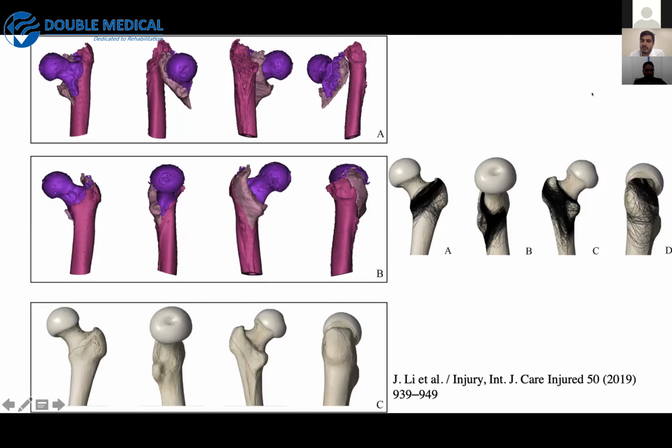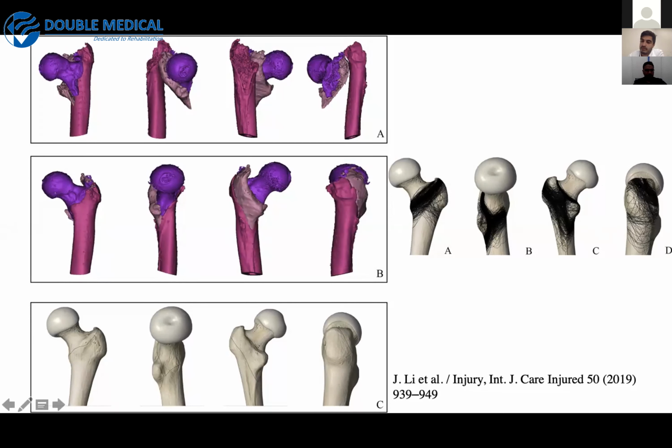Also, in the posterior face of the proximal femur, you can see a lot of comminution because of a lot of lines, principally the intertrochanteric crest line, but the greater trochanter and lesser trochanter can also have comminution.